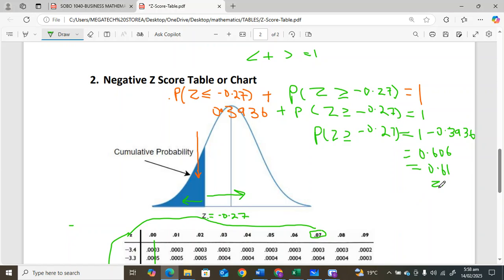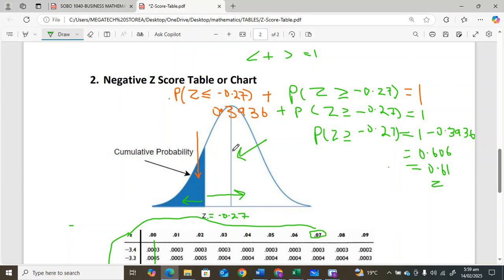Just ask your question again. If we are given a graph like this and the white part was the shaded part, and the unshaded part is greater than, then to find this part in white, we first need to get the value of the shaded part, then subtract it from 1.